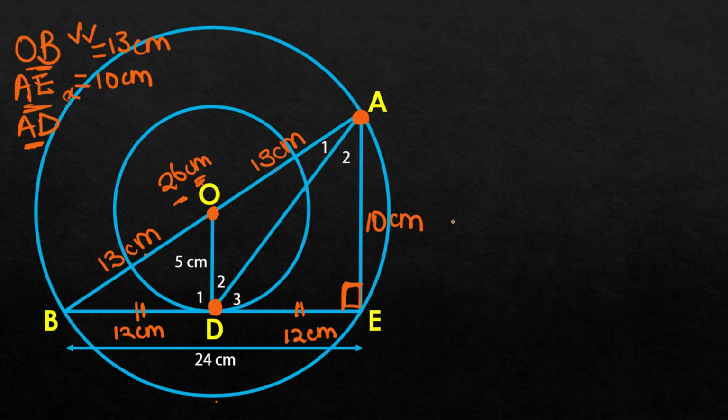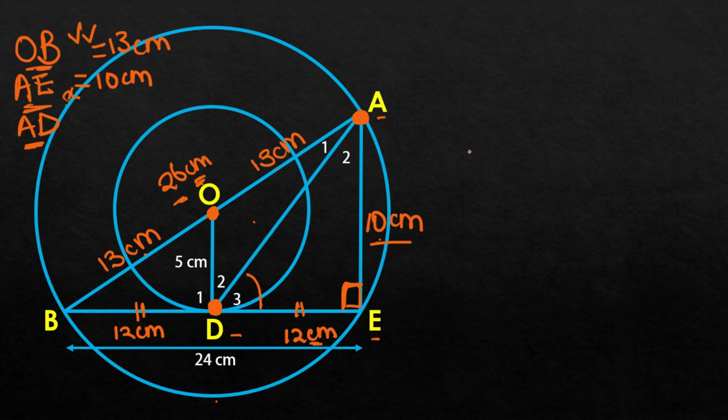So if we pay attention to the triangle ADE, you can see that our AD is the longest side, which means it's the hypotenuse, and if D is our angle of interest, we have got the opposite side, which is 10 centimeters, and also adjacent, which is 12 centimeters. So all we need is to find the hypotenuse side.